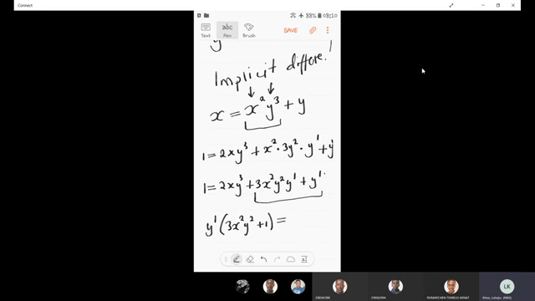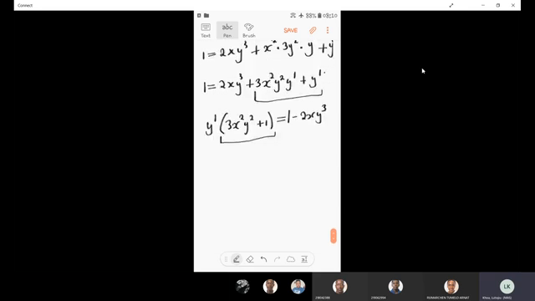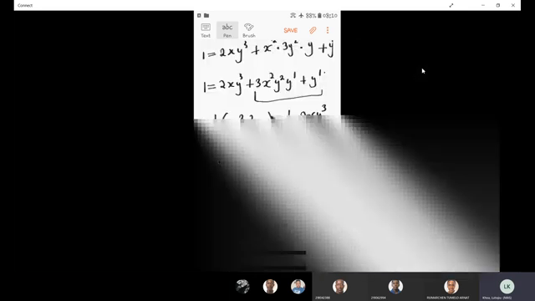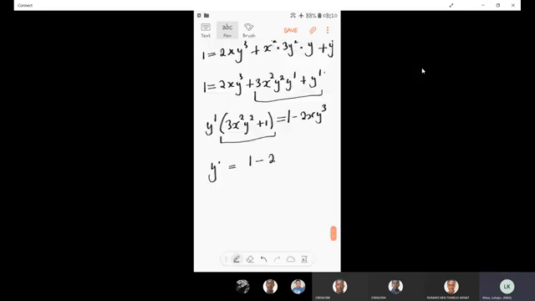So this is equal to 1 minus 2xy cubed. And then I divide by this on both sides because I am only interested in y prime. So I will have y prime, and this is equal to 1 minus 2xy cubed divided by 3x squared y squared plus 1.